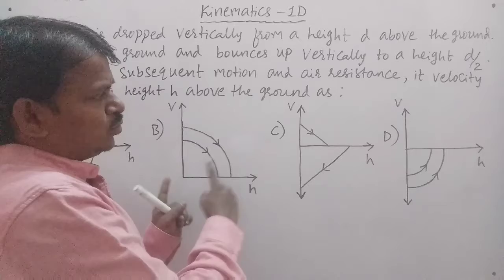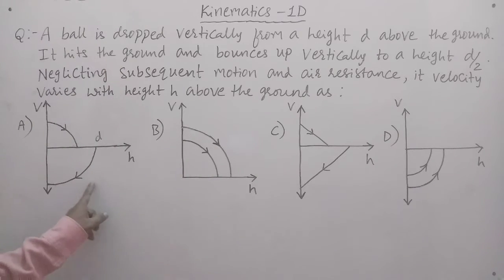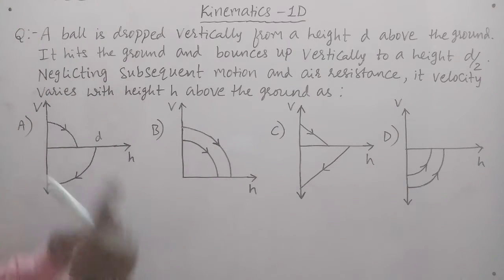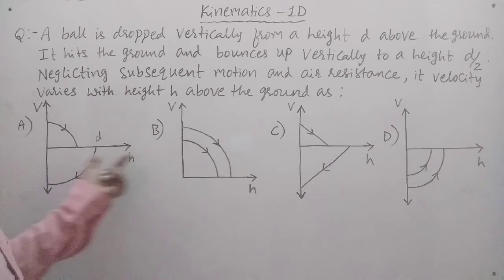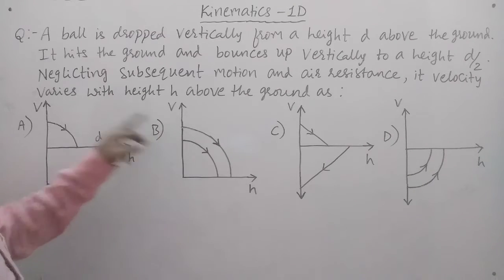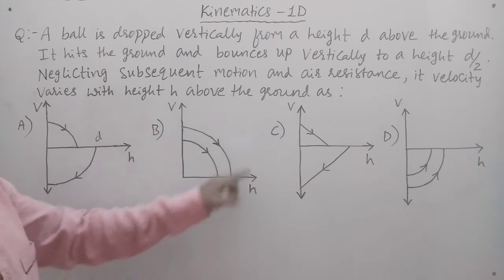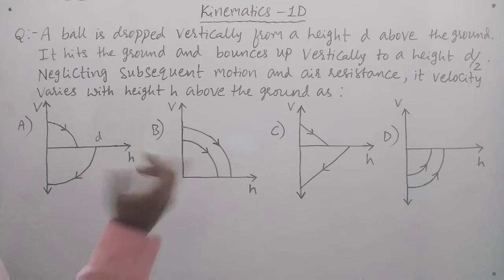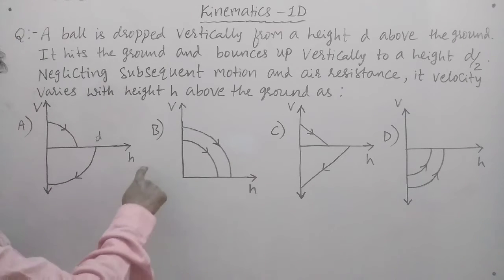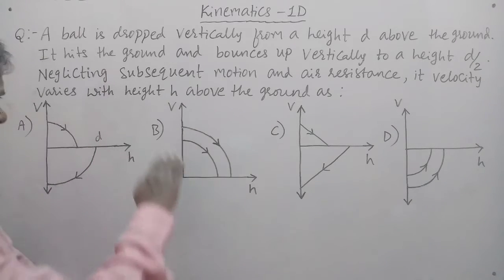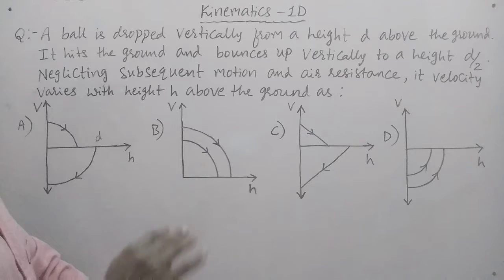As per that, we choose the graph. Four graphs are given, which is correct? These graphs are drawn between velocity and h. When the body is dropped, velocity slowly increases. After the bounce, velocity decreases.